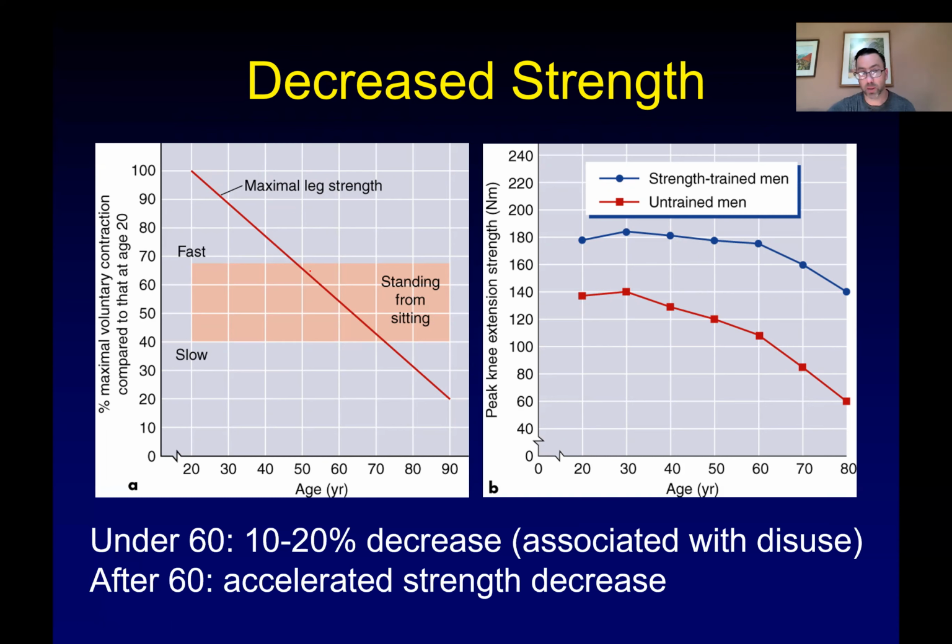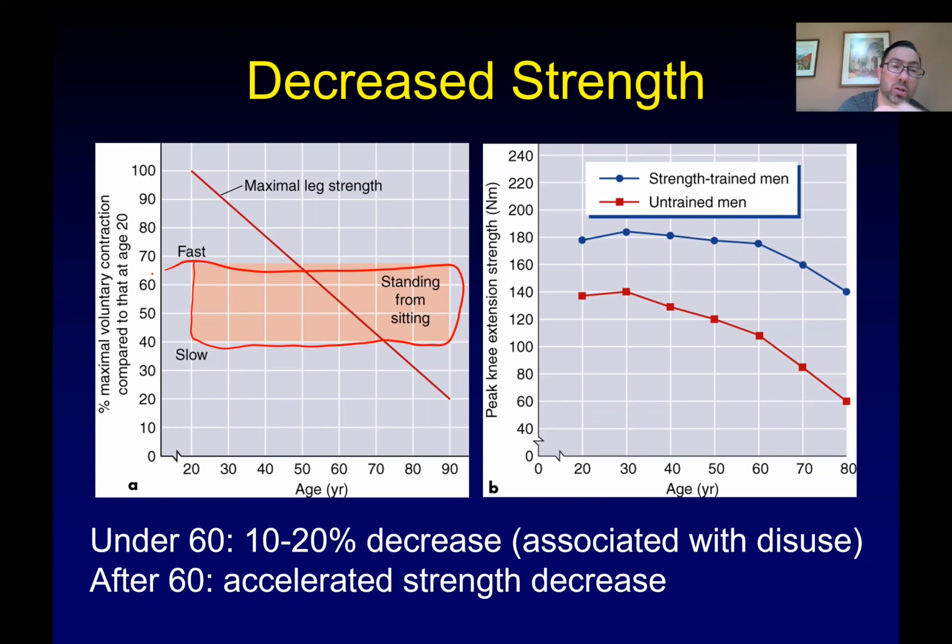And the really important thing to keep in mind is what this red box here in the middle is. In order to do certain activities, whatever they might be, you need a certain amount of strength, and you need a certain amount of additional strength to perform that activity quickly.